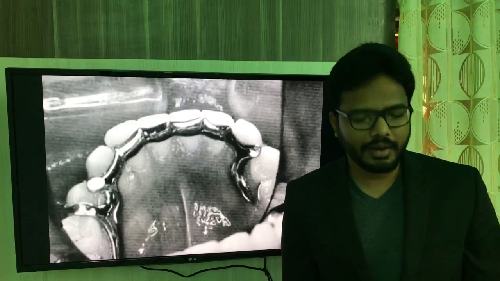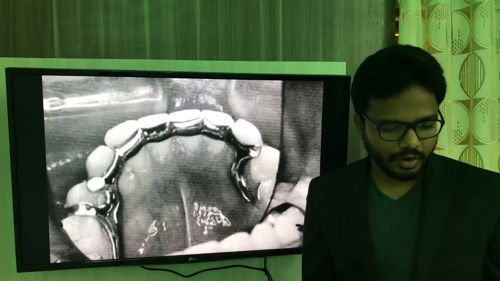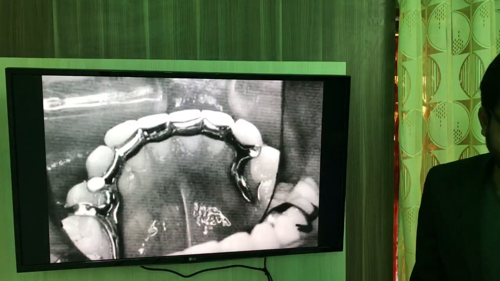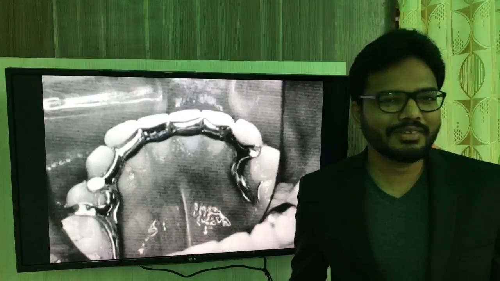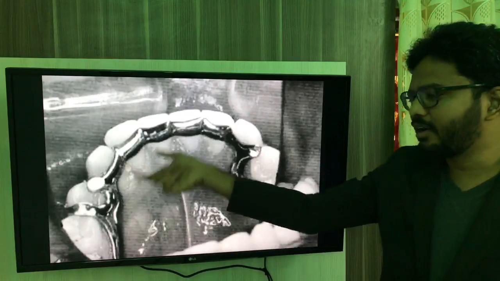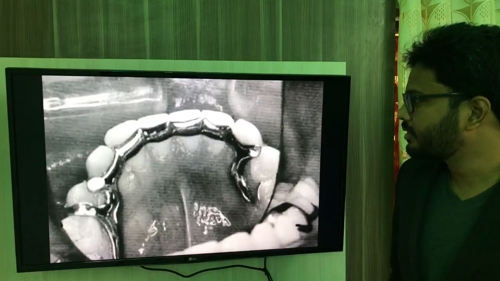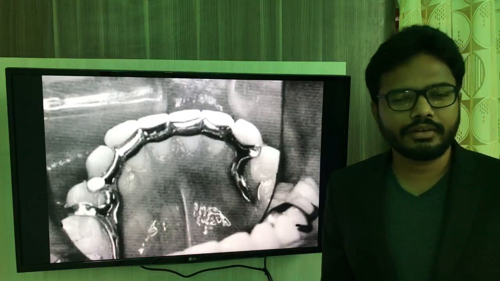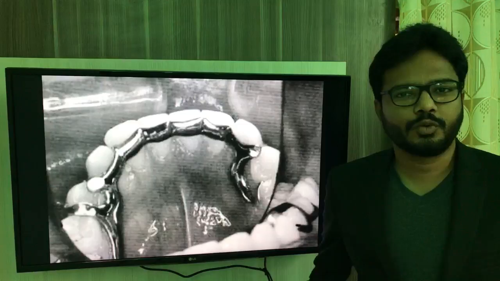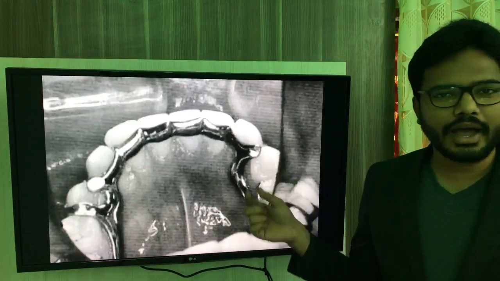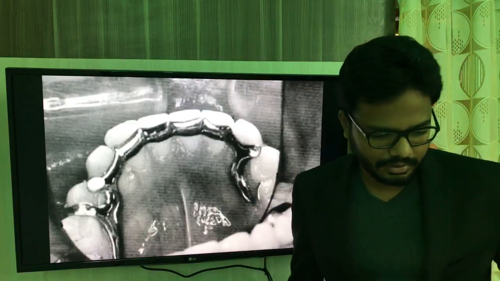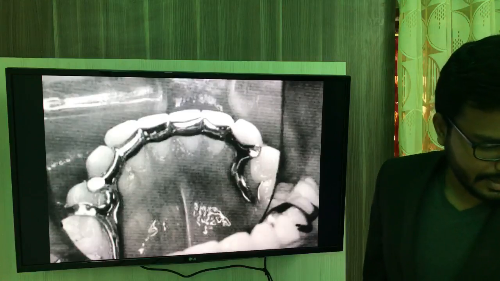So it's a cingulum bar, right? So present extending on to your cingulum. It's not double lingual also. Double lingual, where do you see double lingual here? You have only one bar, right? So it's a cingulum bar. And cingulum bar, they are given some dimensions also. 2 to 3 mm in height and 1 mm in thickness. Anyways, details next time.